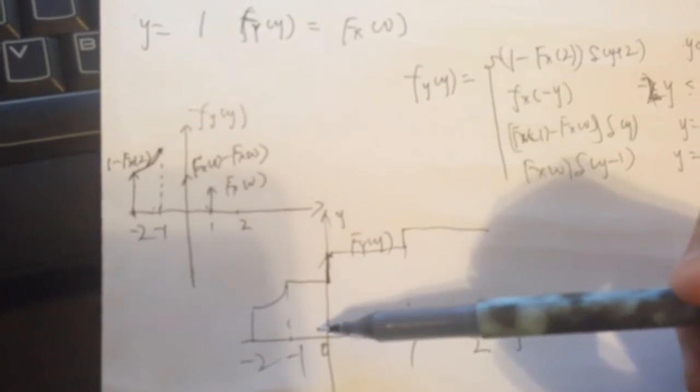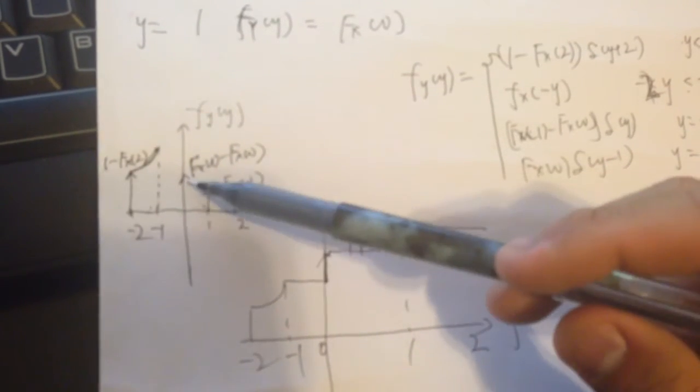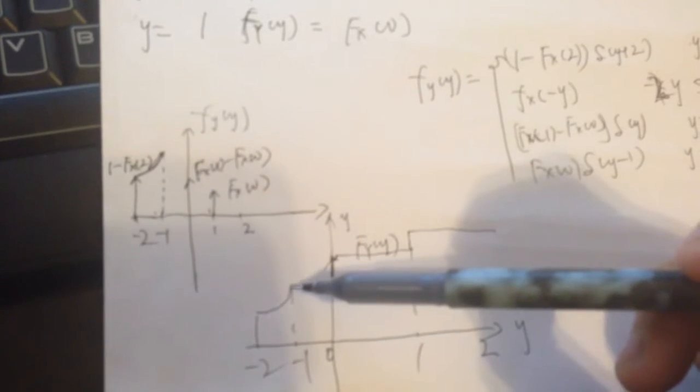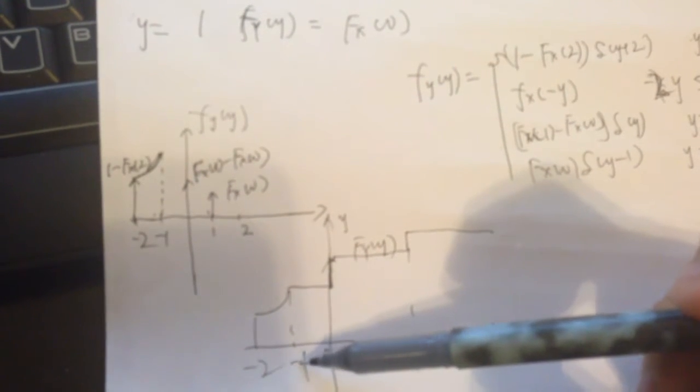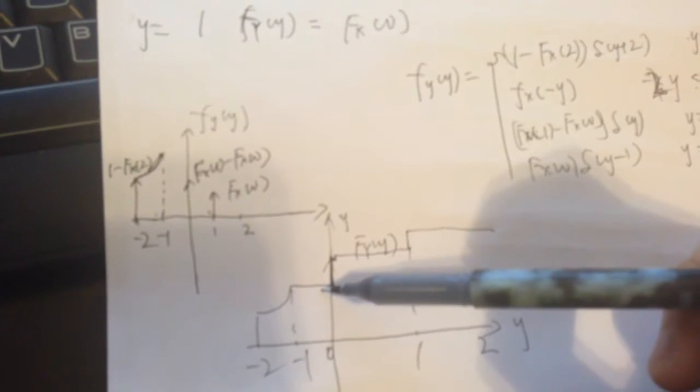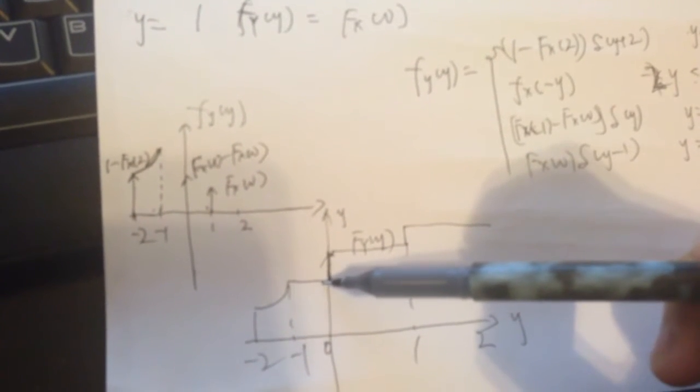When y is minus 1, it's here. And then when y is between minus 1 and 0, the value is consistent, so here.